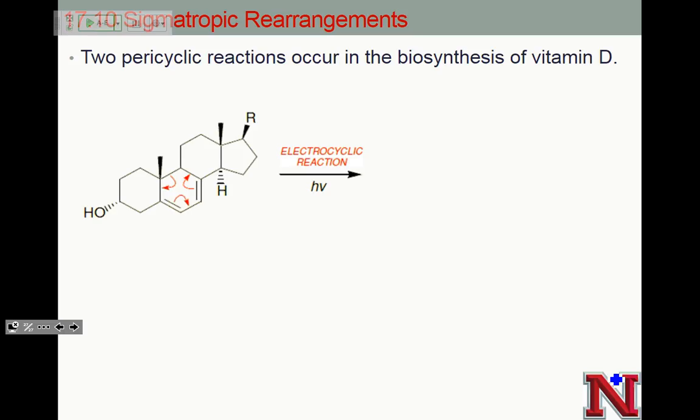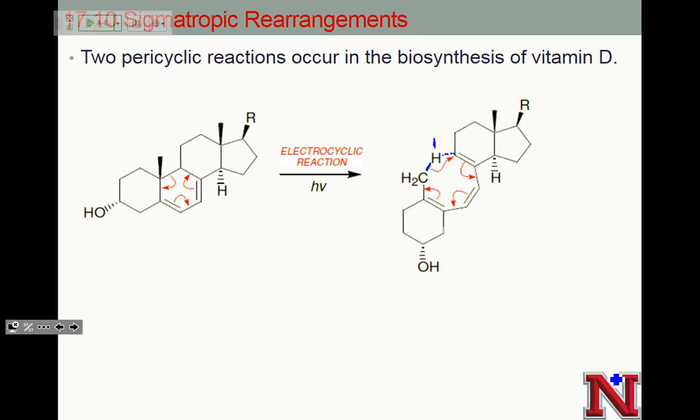Sigmatropic rearrangements are seen a lot in nature. For example, to form vitamin D, you actually have two pericyclic reactions that occur. You have this electrocyclic reaction here, and it's basically a reverse of one of our reactions. And then we have a sigmatropic rearrangement. This is our bond breaking, and then this is our bond forming.